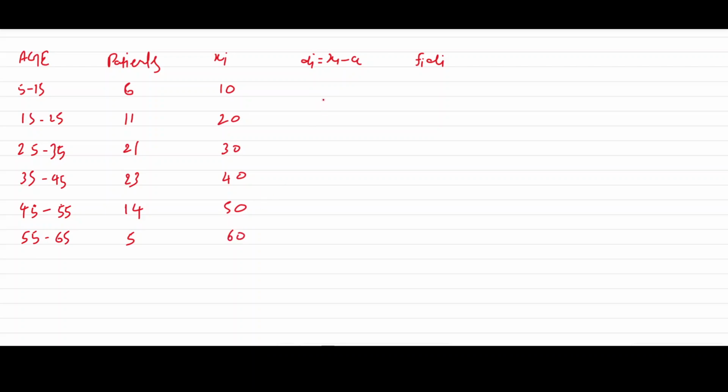Now what will di be? Here we take one point as the assumed mean, which is 30. Then di will be minus 20, minus 10, this will be 0, this will be 10, this 20, this 30.